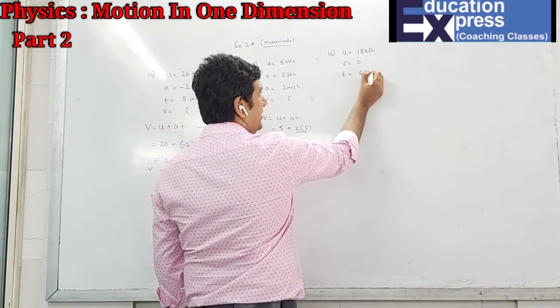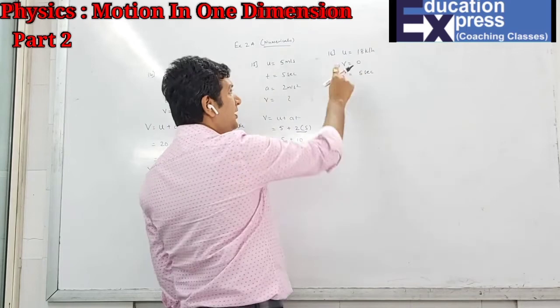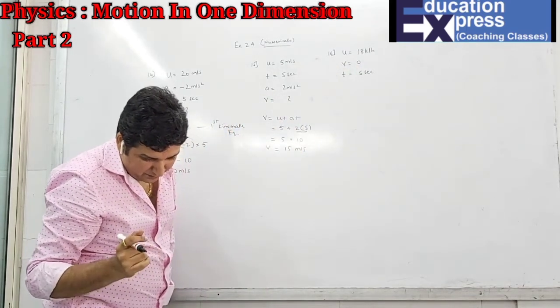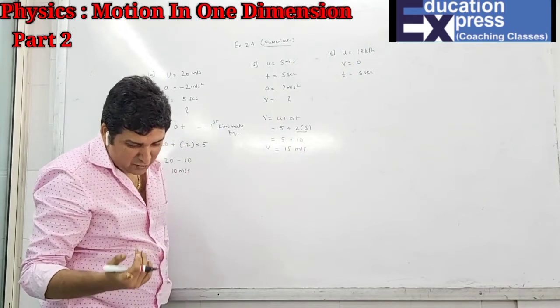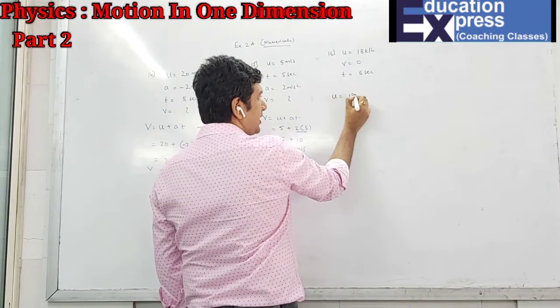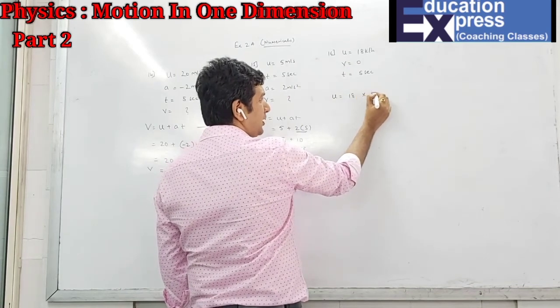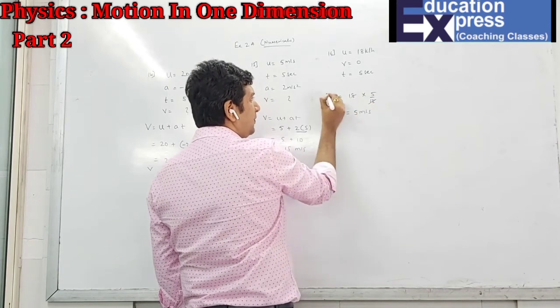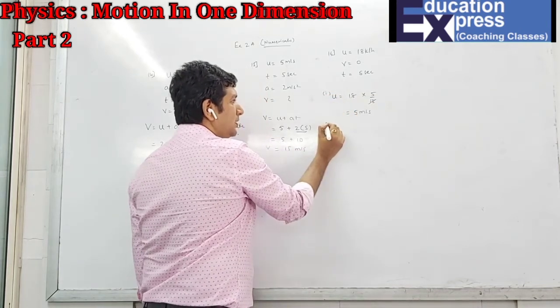So when you apply the brakes on the body, the velocity decreases, but here it comes to rest. First you have to find the speed of the car in meter per second. Obviously, the speed is 80 kilometers per hour. If you convert it into meter per second, you have to multiply by 5 upon 18. So the speed of the car in meter per second is 5 meter per second. That's the first part. Second part.